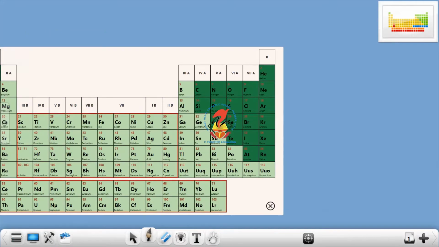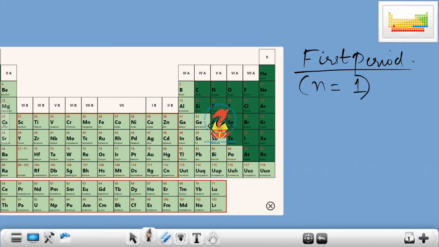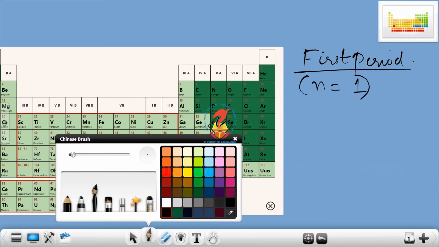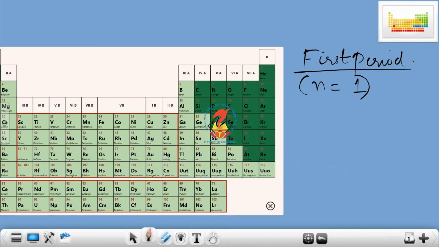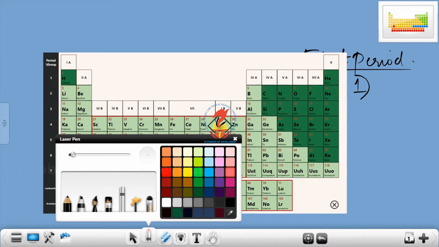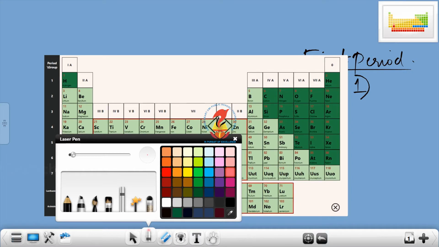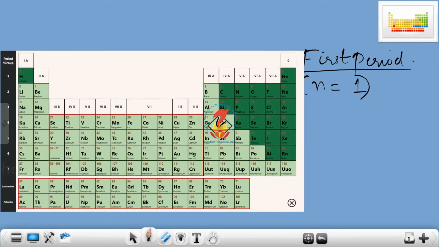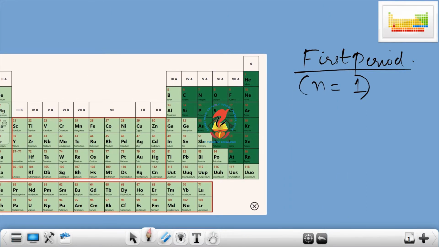For the first period we have n equal to 1, and the 2 elements present in the first period are hydrogen and helium.